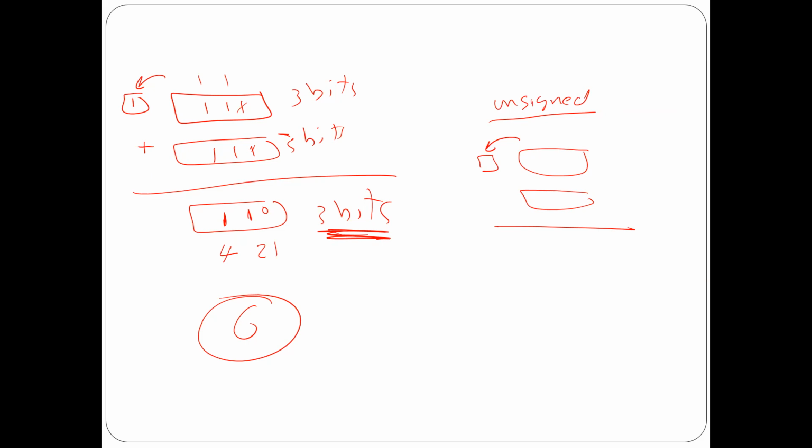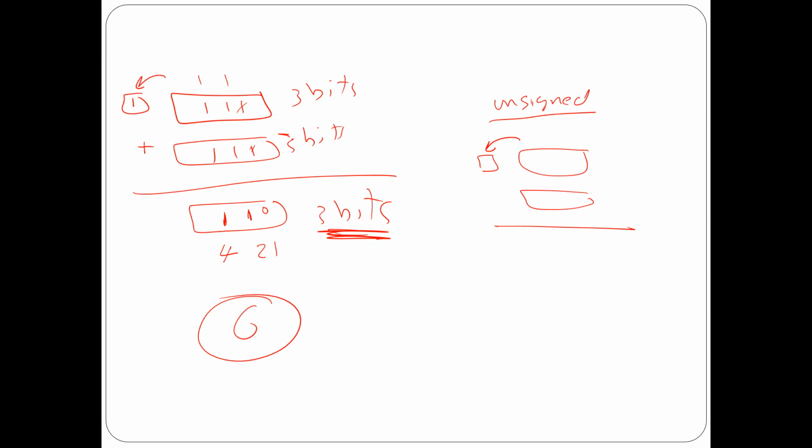Be careful: when I did the addition here, I didn't put this carry as part of the result. I said just a carry, because I want to add 3 bits to 3 bits and put the result in 3 bits, and a carry is generated. So if you are adding unsigned numbers and a carry results from the most significant bit, that means there is an overflow. If there is no carry, no overflow.